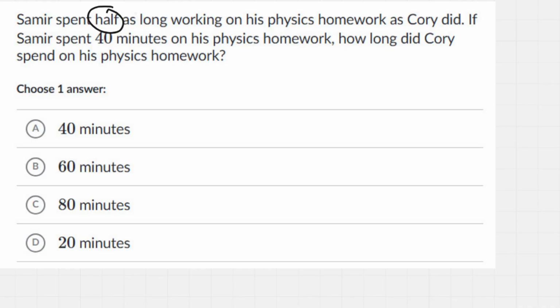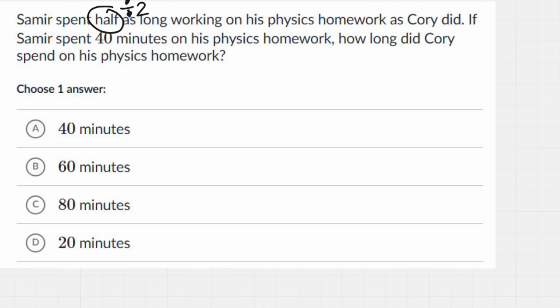So you're saying that I'm going to divide by 2. As long working on his physics homework as Corey did. You're basically either cutting it or you're multiplying it, depending on the statement or depending on the rest of the problem that we're reading out.